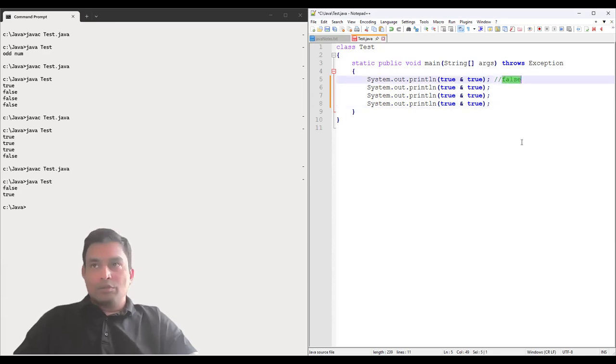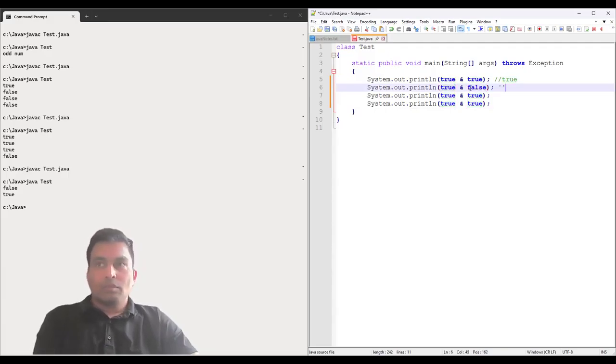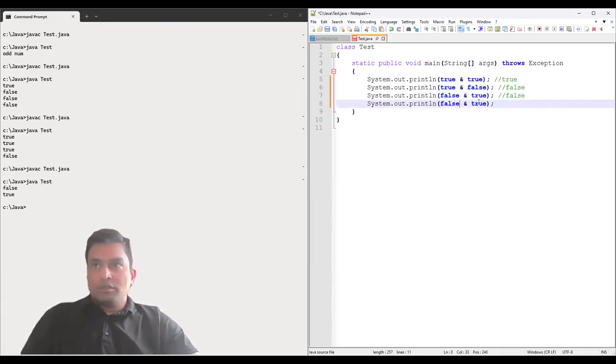So true and true, it should be true, and true and false, it should be false. False and true should also be false. Then false and false should also be false.